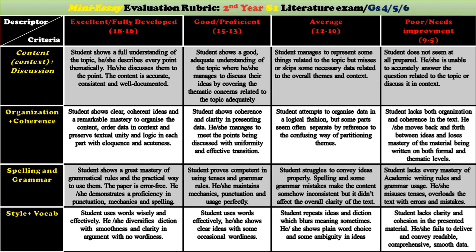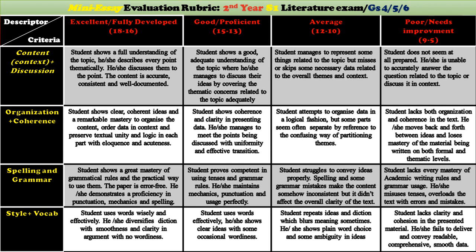The average composition would represent some things related to the topic, but still skips some necessary data related to the overall themes and context. As for organization and coherence, a good essay, for example, would show coherence and clarity in presenting data.